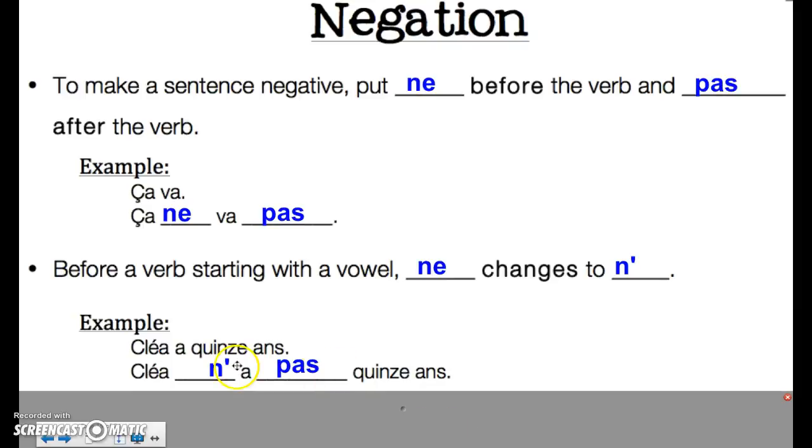So if I did not change the ne to n apostrophe here, it would say Cléa ne a pas 15 ans. That is very hard to say. And it's much easier to say Cléa n'a pas 15 ans. N'a pas is easier to say, and it sounds smoother, it sounds better than saying ne a pas. And that's going to be the point of changing our ne to an apostrophe.